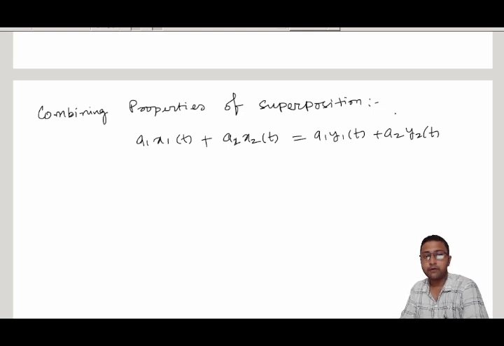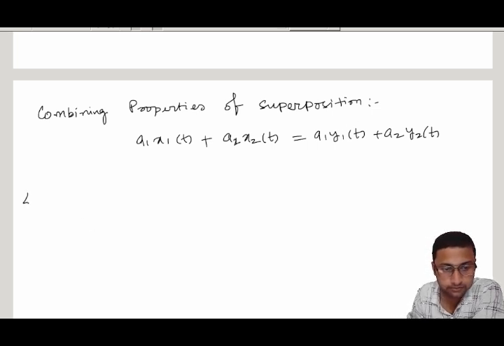So by combining additivity and homogeneity, we get this property of superposition. If a system follows this property, then it is said to be a linear system. Otherwise it is said to be a non-linear system. Okay, clear? Next is number 4.